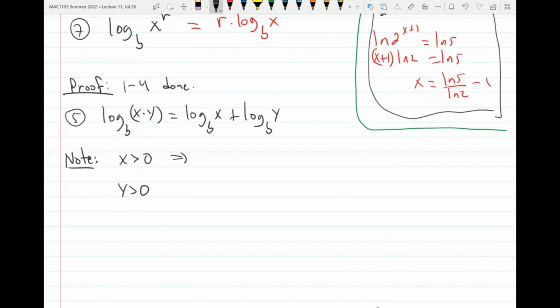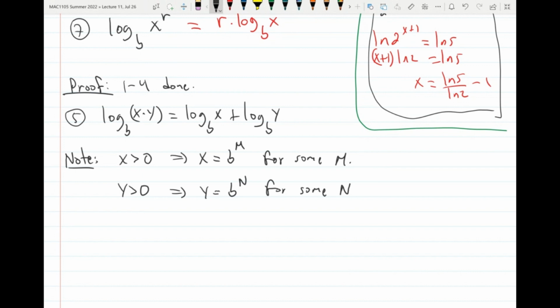So since x is positive, I can write x as b to the m for some real number m, okay? And similarly, I can write y as b to the n for some n. Do you understand this? Yes or no? Yes? Okay, good.